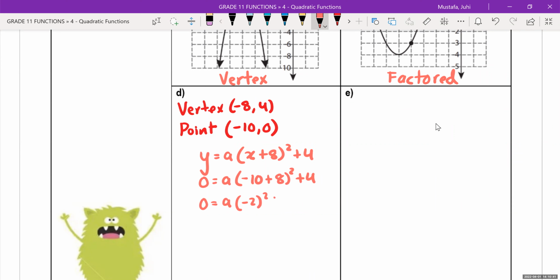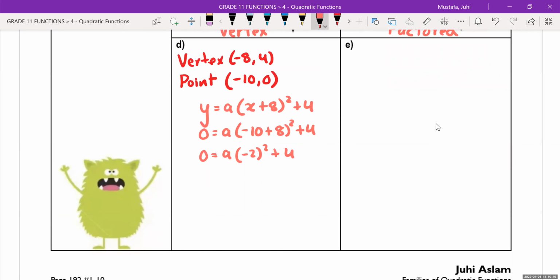I get negative 2 squared plus 4. And I move this over and I get 4a. So a is going to be equal to negative 1.